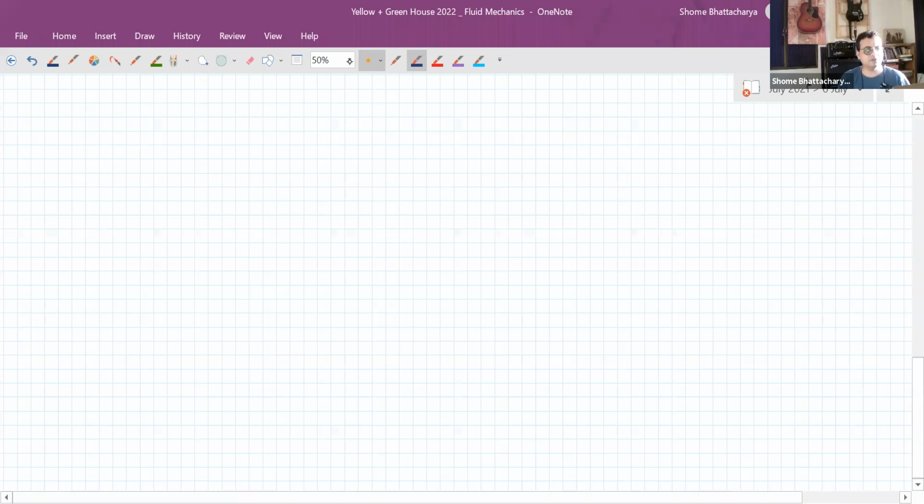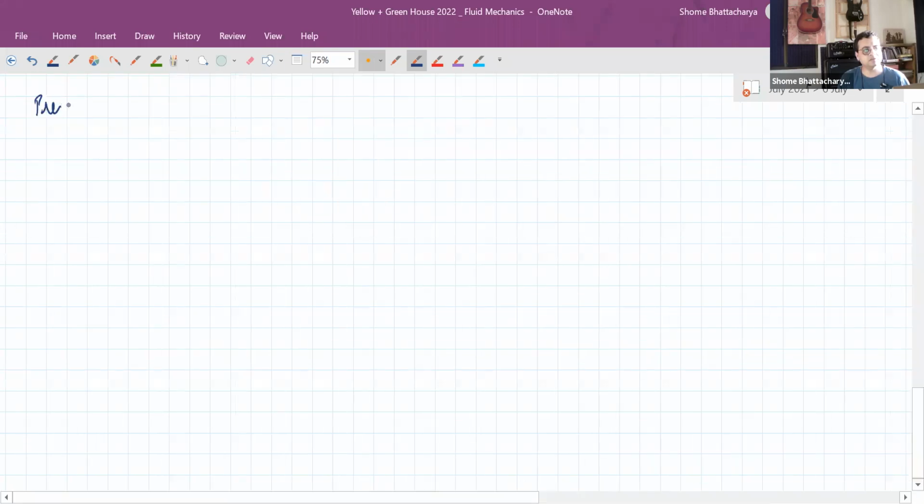Now, next thing we will look at is pressure gradient. Going back to the concept of pressure gradient, but in a fluid at rest in an accelerated vessel.